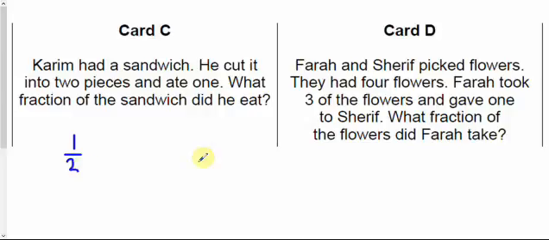They had 4 flowers. Farah took 3 of the flowers and gave 1 to Sharif. What fraction of the flowers did Farah take? She took 3 flowers out of 4. That's right. She takes 3 and gives 1 to Sharif only.